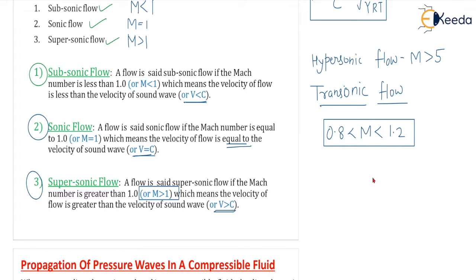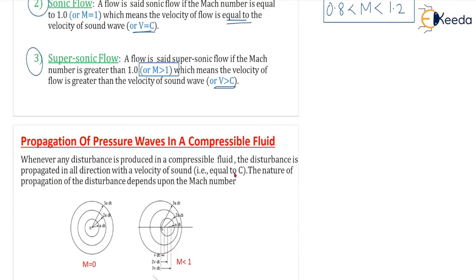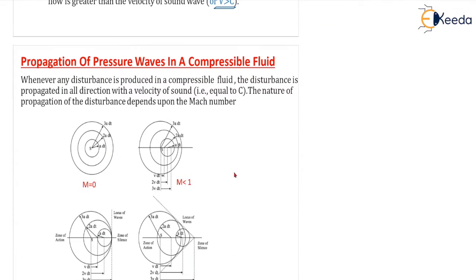Okay, now let us see the propagation of pressure wave in a compressible fluid. What happens with different Mach number when it is subsonic, supersonic, and sonic? Whenever any disturbance is produced in any compressible fluid, the disturbance is propagated in all directions.